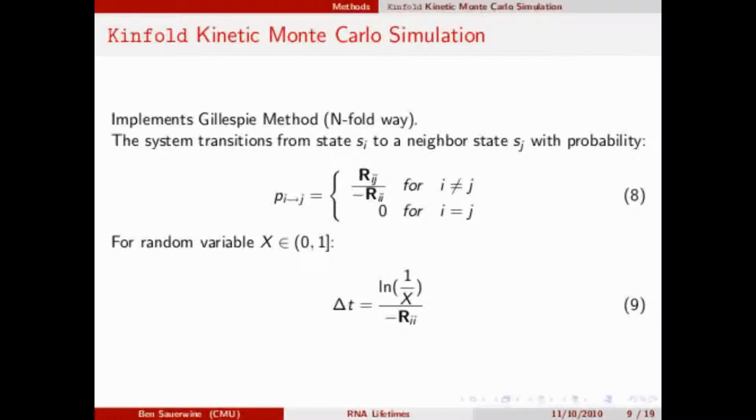So once I've decided which state I'm going to, then I can figure out how much time I need to take to go to that state by selecting a random variable and using the total flux, or the total rate, to leave the state I started in. The random variable just serves to make sure that my time fits an exponential distribution to leave the state.